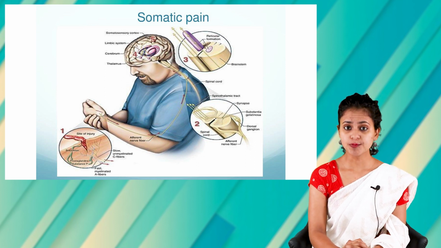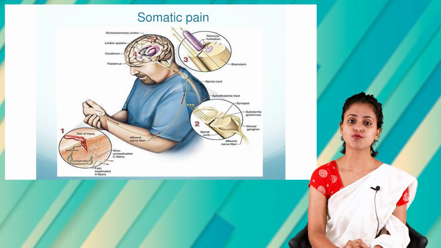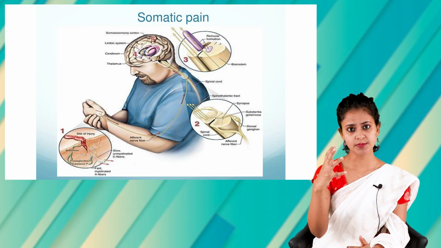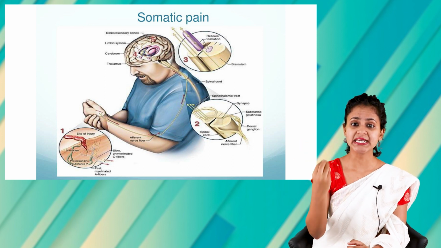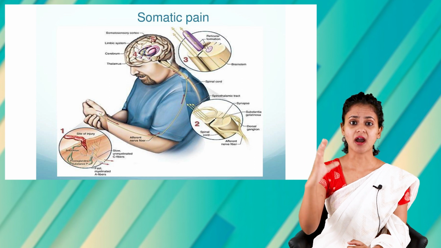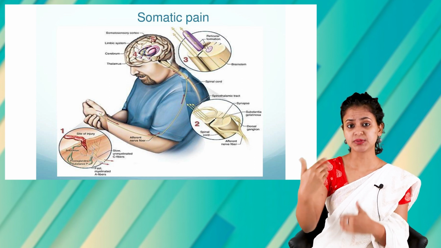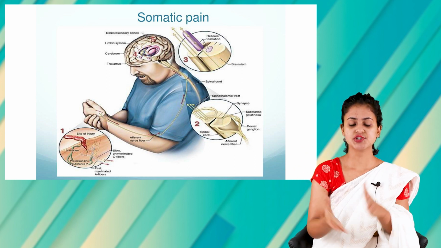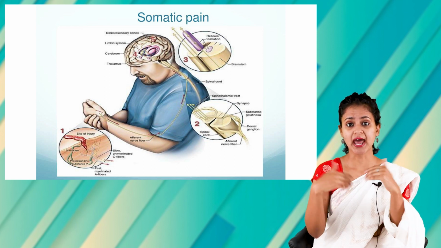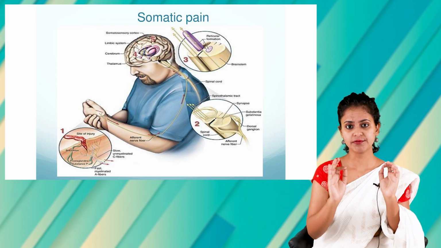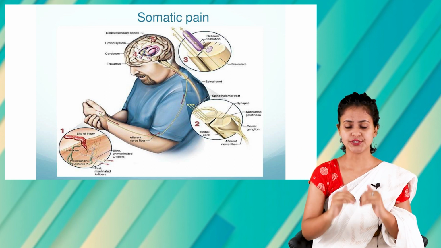This superficial pain is often described as very sharp, a burning sensation or a pricking pain. These three, burning pain, pricking sensation and sharp pain, are the features or characteristics of superficial somatic pain.